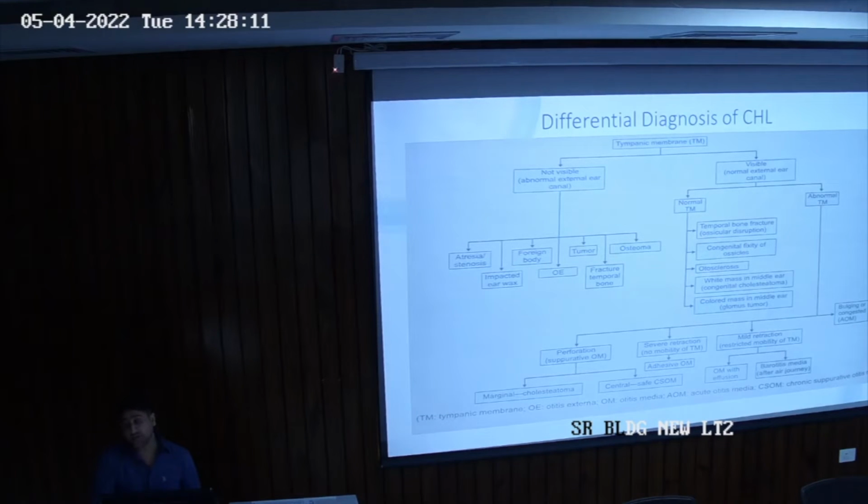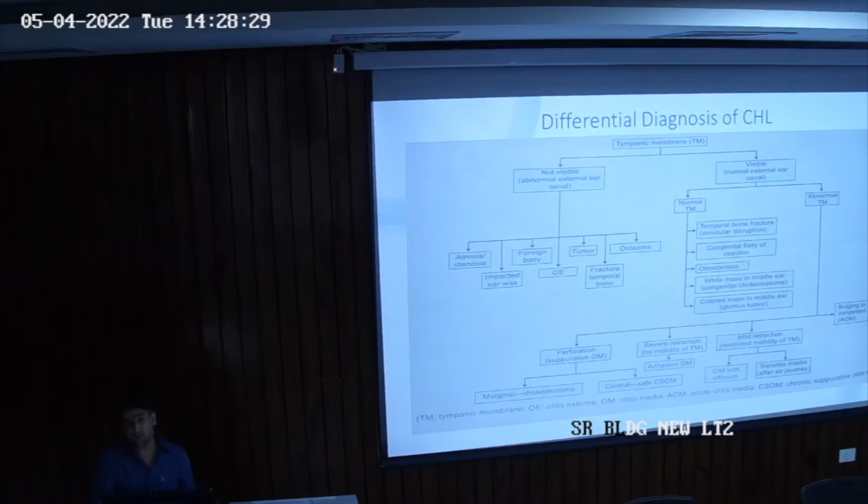Then we have to see the tympanic membrane. If the tympanic membrane is normal, then what can be our differentials? Number one is ossicular disruption, might be due to temporal bone fracture or slight trauma.